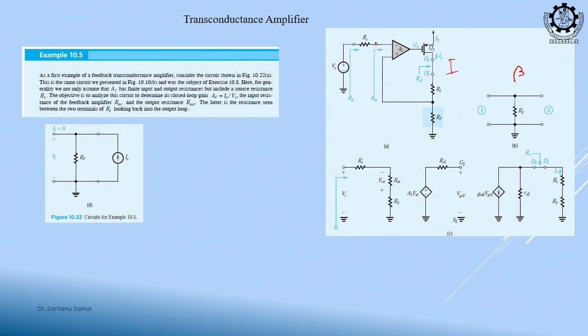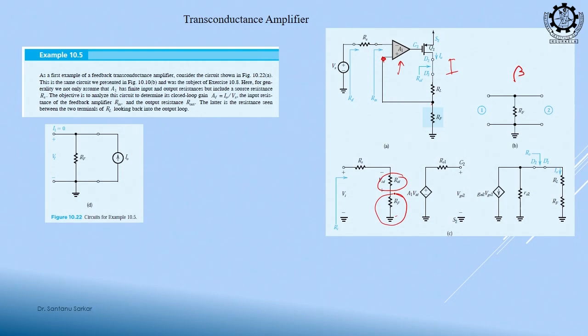In this portion we have replaced this amplifier with its 2-port network. Okay. Do not get confused by this big circuit; if you analyze step by step you can understand. So, what is there? The input impedance is RID, the differential input impedance, and this connection is connected with this RF.